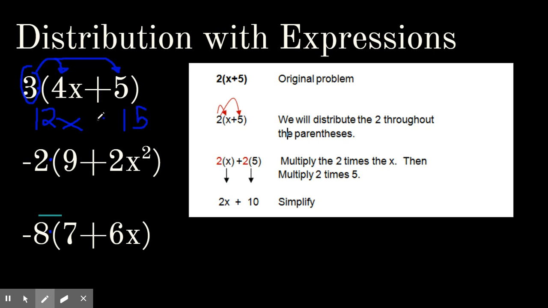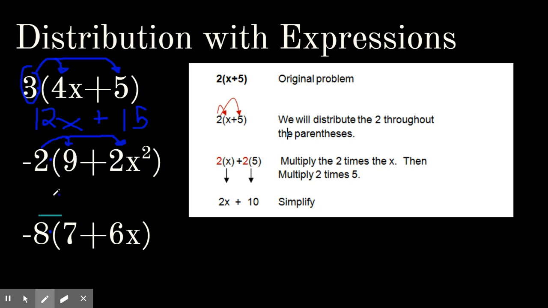Now, this plus sign has not changed. That is still there, okay? So we just distributed that 3. Now, we have a negative 2. We're going to distribute this negative 2 over here. Next class period, we'll practice a little bit more with multiplying and dividing integers. Today, we just focused on adding and subtracting.